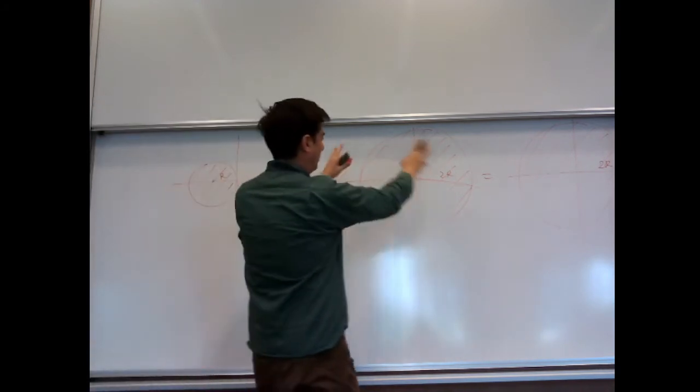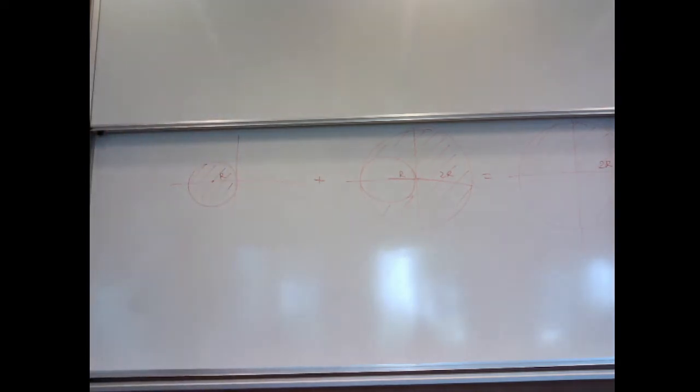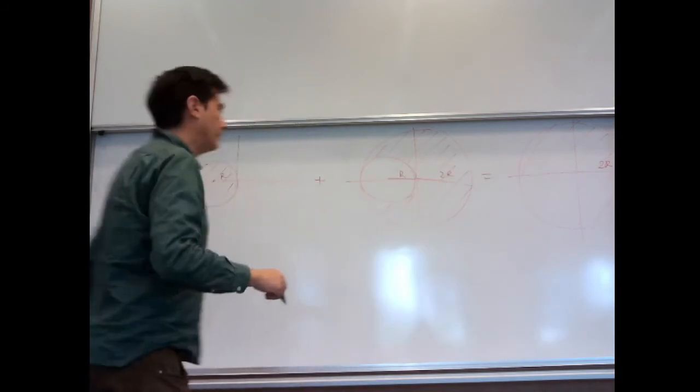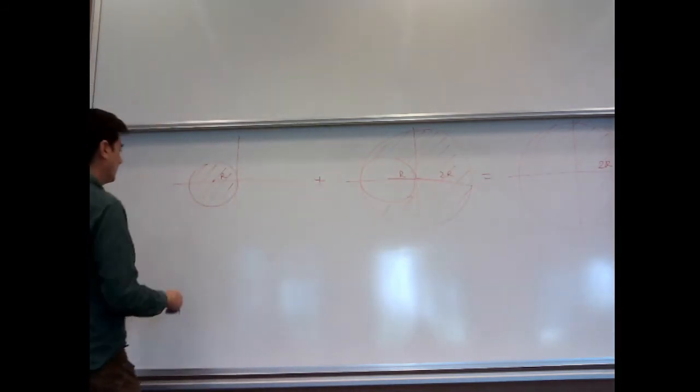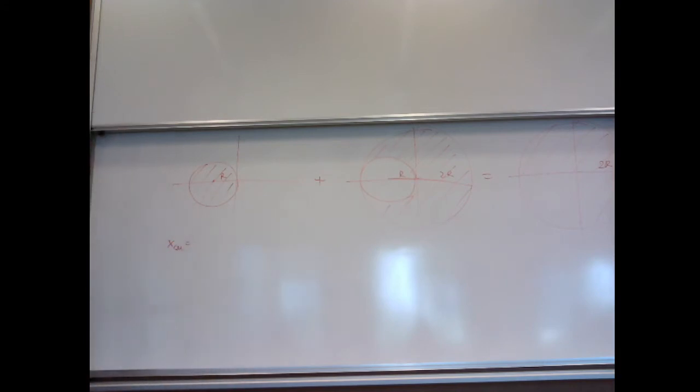This looks pretty complicated to work out the center of mass, but for this one and this one, it's very easy to know where the center of mass is. It's kind of obvious. So, for example, here, just by inspection, where is the center of mass of this one, given these coordinates?